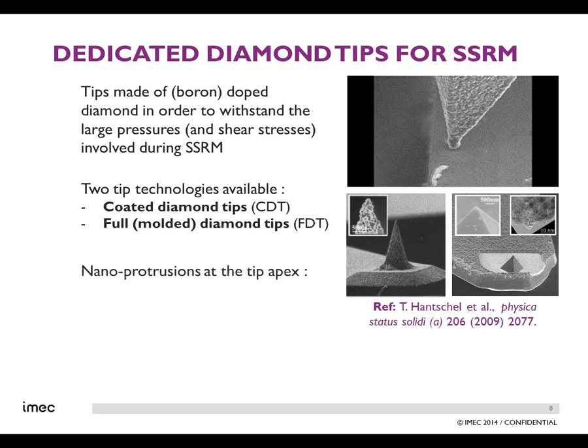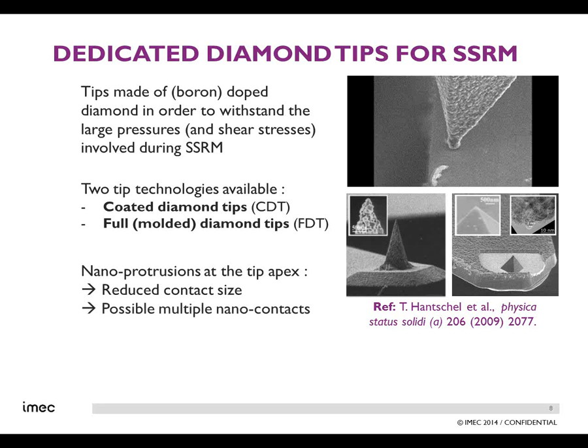In both cases, the tips are ending with small or larger nano protrusions at the tip apex, meaning that the radius of curvature of the tip seen from a large zoom view, not microscopic view, but not if you really zoom to the nanometer scale, actually is much broader than the actual contact size. You make the contact ideally with one of these nano grains at the end of the tip. But of course, you can make a contact with one, but you can also have multiple contacts.